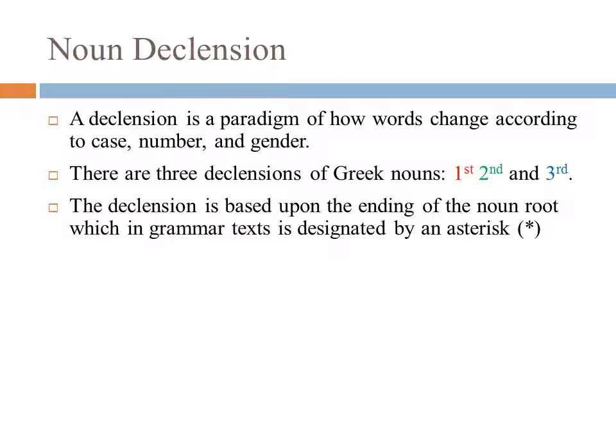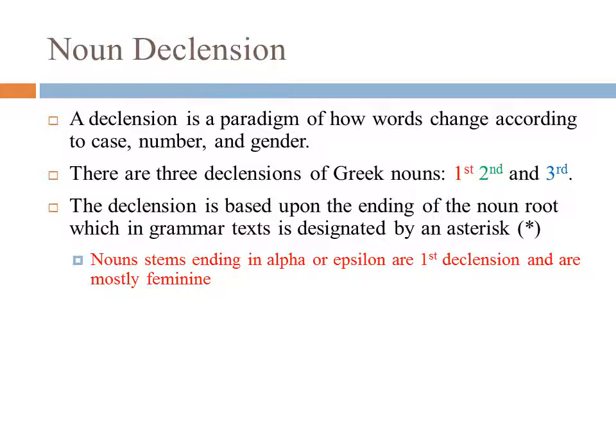The declension for a noun is based upon the ending of the noun root, which in grammar texts is designated by an asterisk, a little star. And the root is this hypothetical word that exists out there in time from which all the other words supposedly developed.